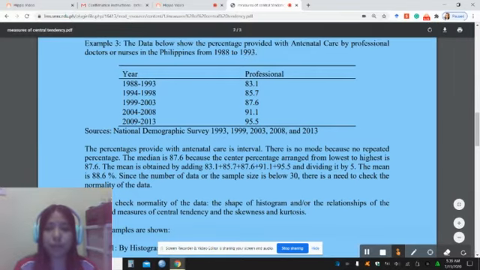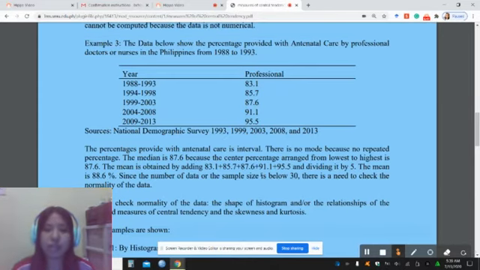Also, if we arrange this from lowest to highest, 83.1, 85.7, 87.6, 91.1, 95.5, the middle number is 87.6, which means that the median is 87.6. If we compute for the mean, it is possible because this is numerical data.